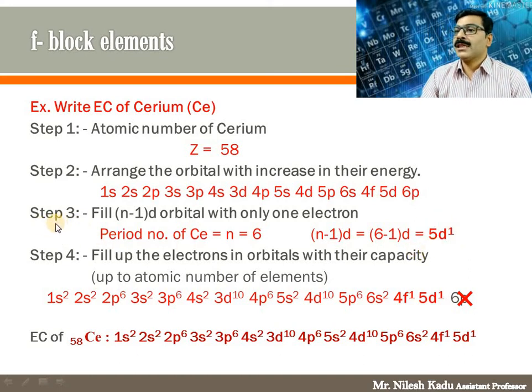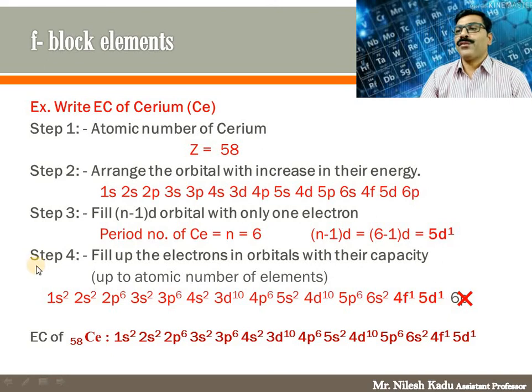Means in the third step you have to fill the n-1 d orbital with only 1 electron, and for cerium you have to fill the 5d orbital with only 1 electron.